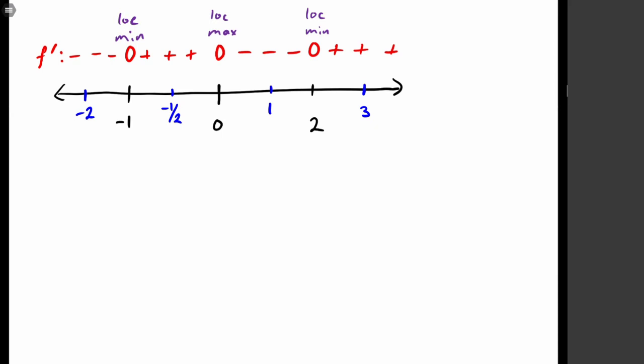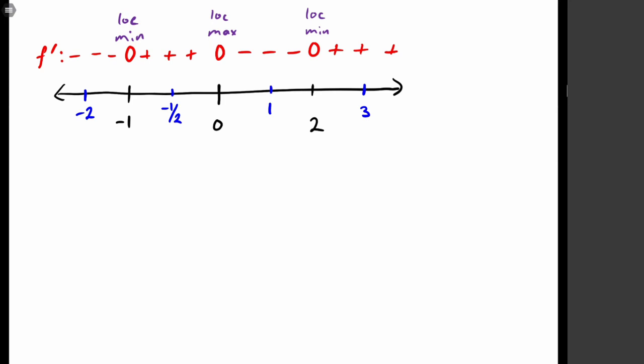Best way to summarize these points here, we'll say f has... so I guess one thing I want to point out is the difference between a local minimum and a local minimum value. The local minimum or local maximum happen at these x values, -1, 0, and 2.